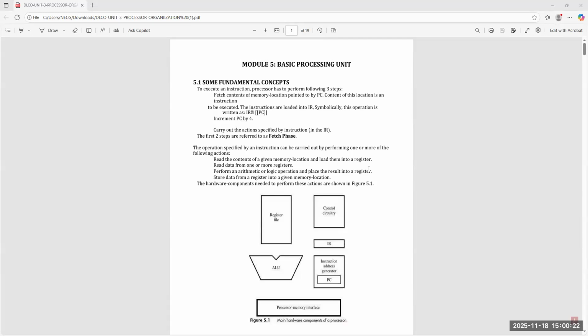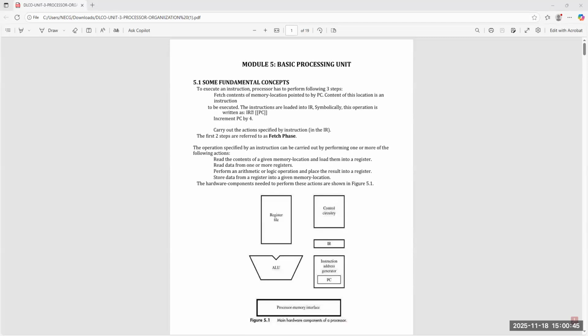Okay. Process means a program in execution. A program in execution is called a process.